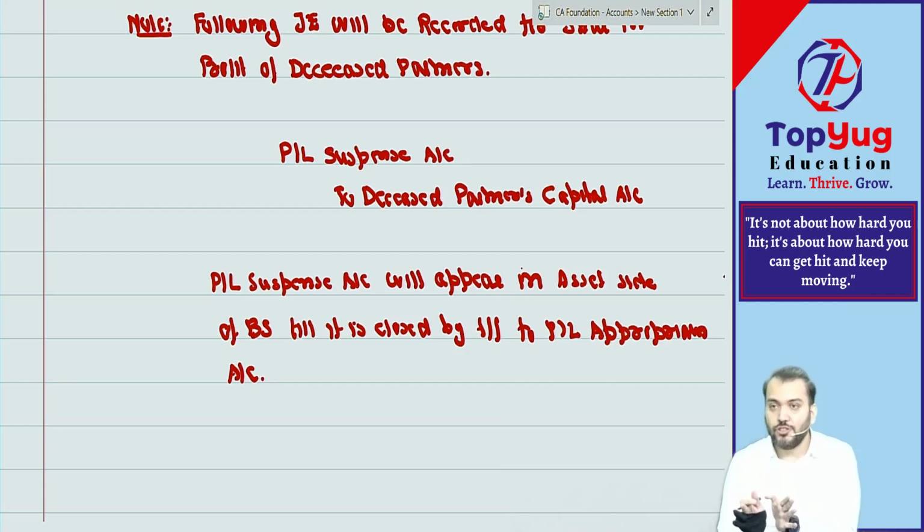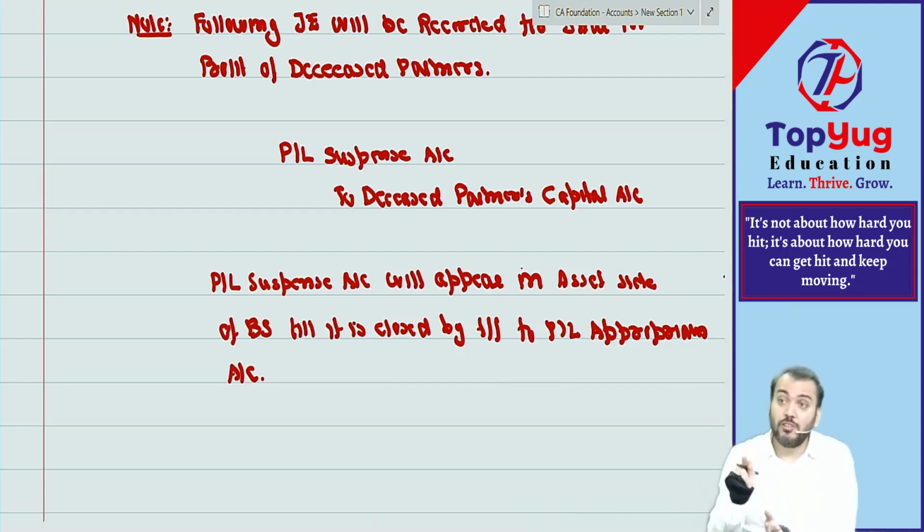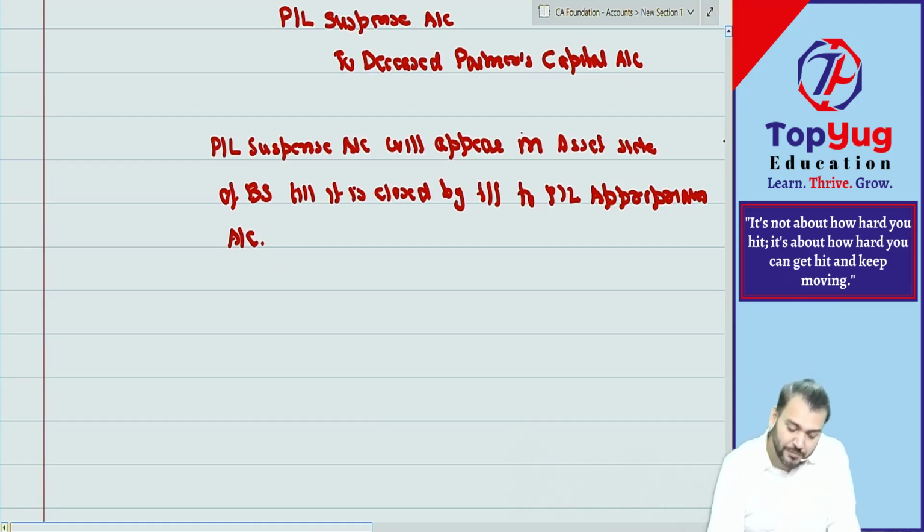Its closing will be done at year end. So if you prepare the balance sheet on the date of death, on that date you are not preparing the P&L appropriation account, meaning it is not yet closed. If it is not yet closed, it will appear where? In the balance sheet asset side. Correct?